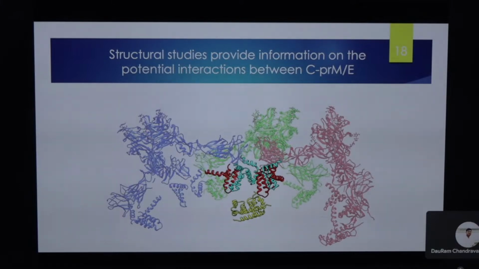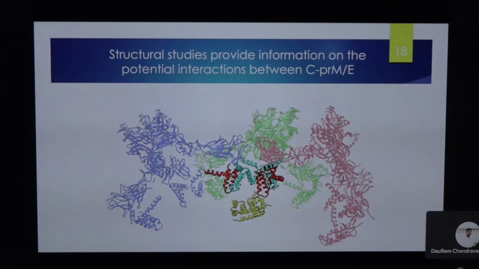Both of those can function together in what's known as a heterodimer. So for every E protein, we have one PrM, and they stick together. So they're two proteins that stick together and function pretty much as a single one. But what we can see is that there's three copies of each of them directly above the capsid protein.